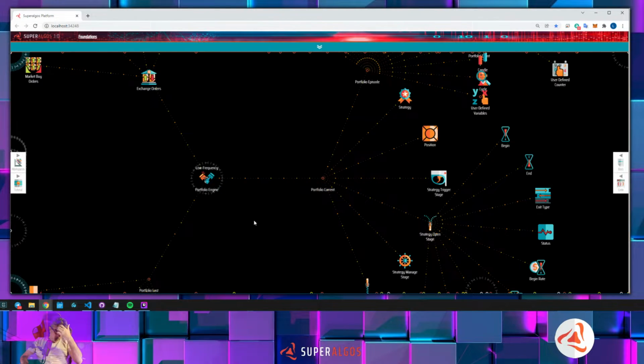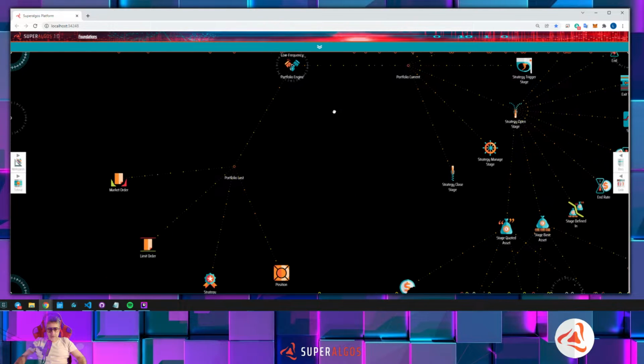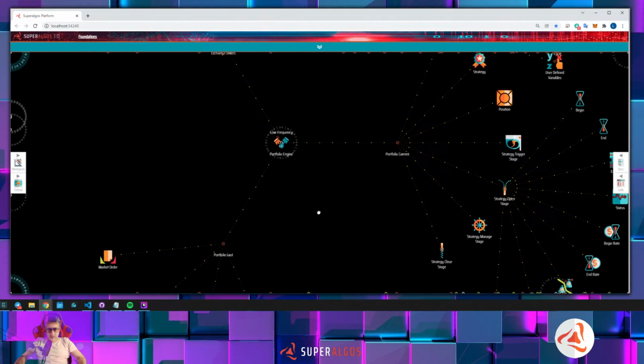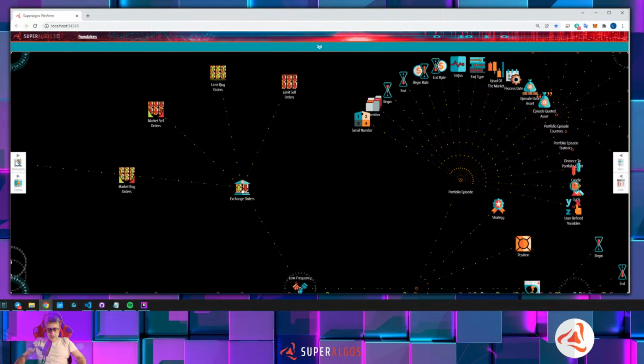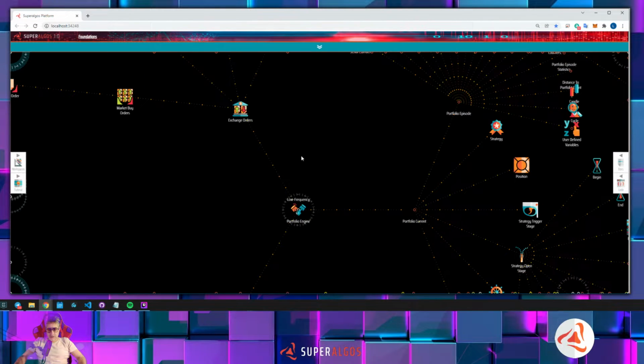So what we're going to do today is go to the portfolio engine, see what is there, start cleaning a little bit, and then add whatever is actually needed. Okay, so here we are. This is the current portfolio engine, which is no more and no less than a copy of the trading engine.